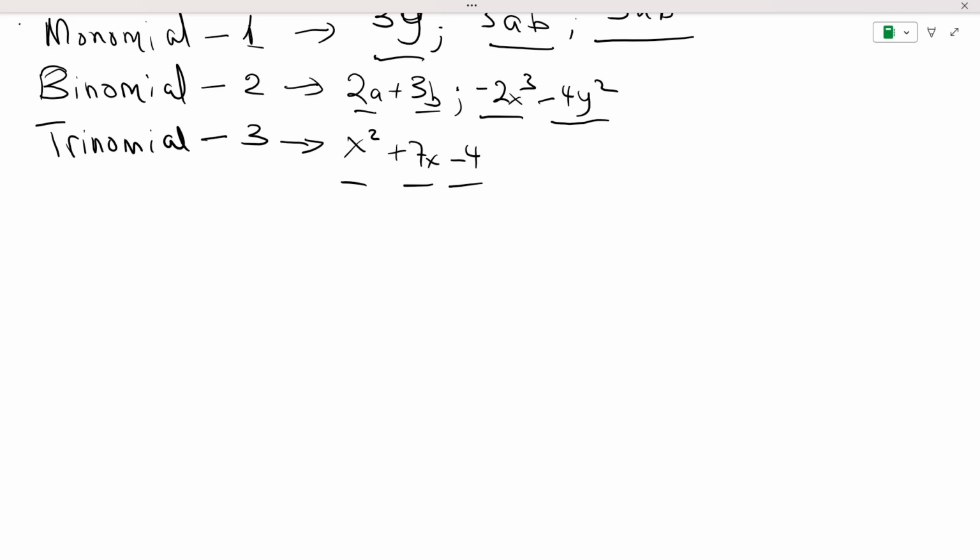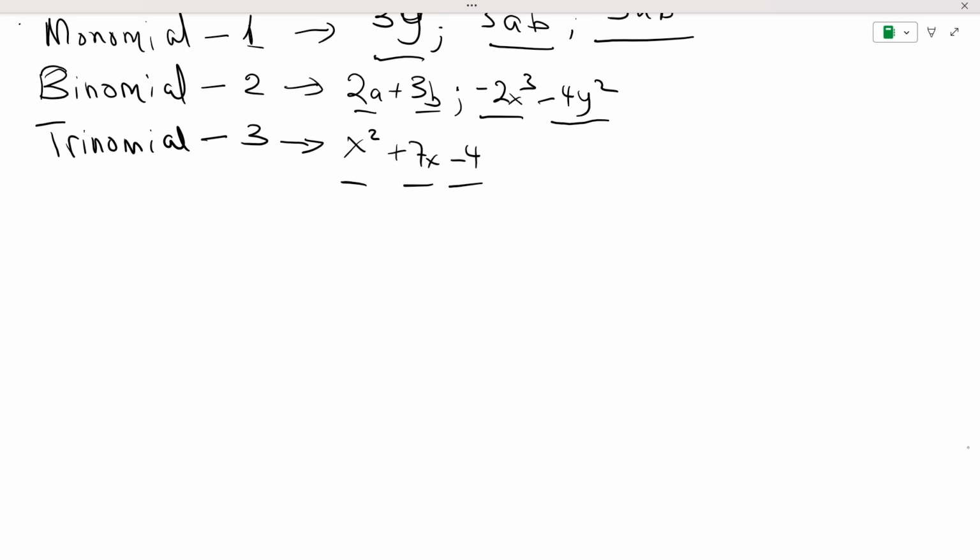I want to choose a good example that has many terms so that it can really explain exactly what we need to do in terms of adding polynomials.